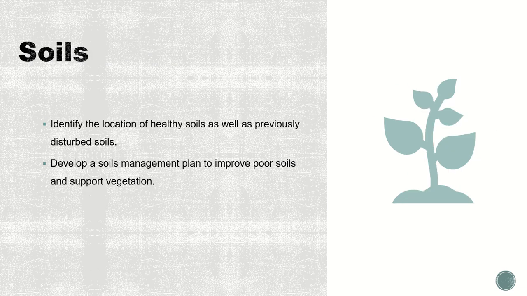For soils, we need to determine whether the site is designated as prime farmland and to identify the soil classification by the Natural Resources Conservation Service, and to identify the location of healthy soil as well as previously disturbed soils, to develop a soil management plan to improve poor soils and support vegetation.